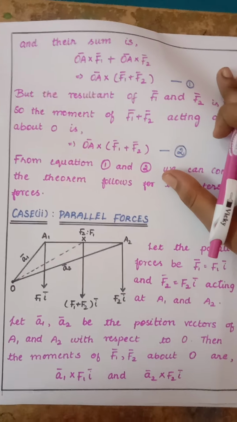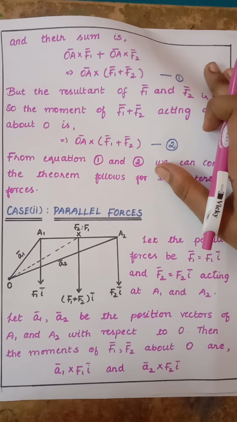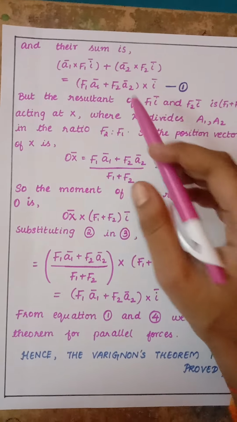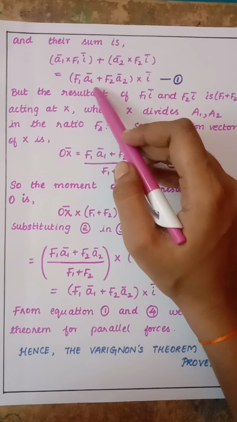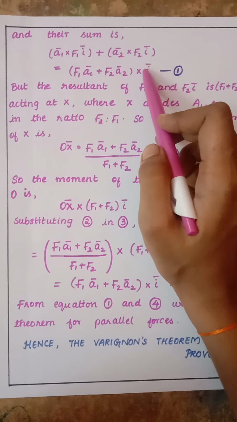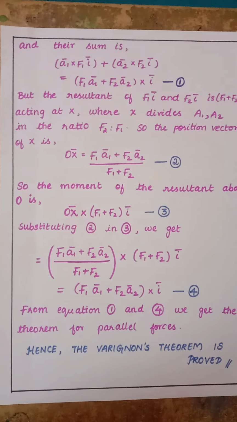Similarly, according to the statement, we need to find the sum. And their sum is (F1 small a1 vector plus F2 small a2 vector) cross i vector. Mark this as equation 1.